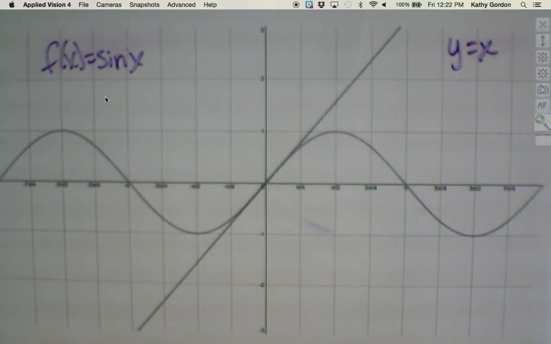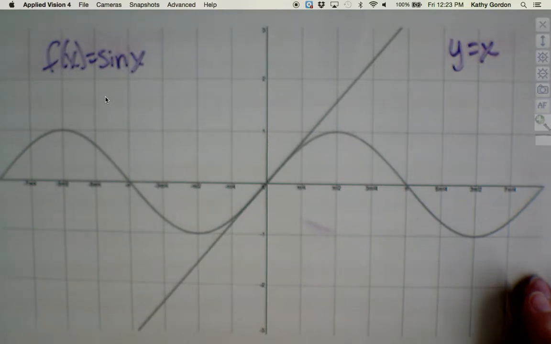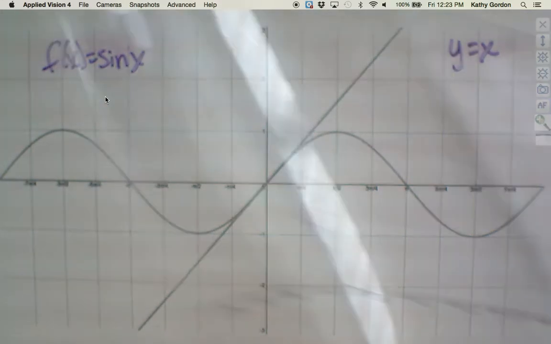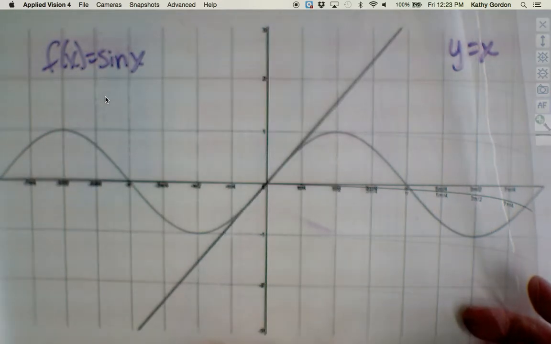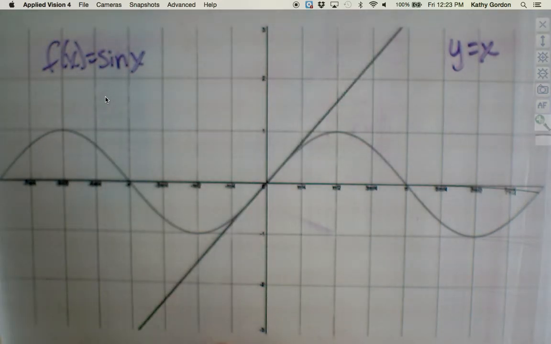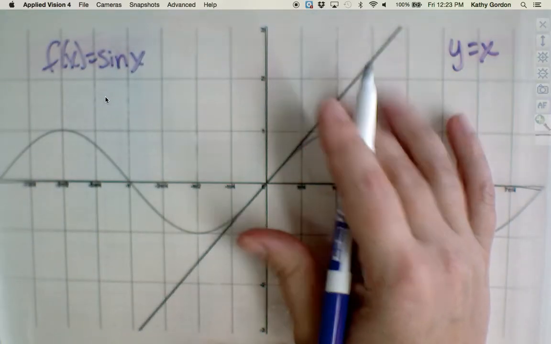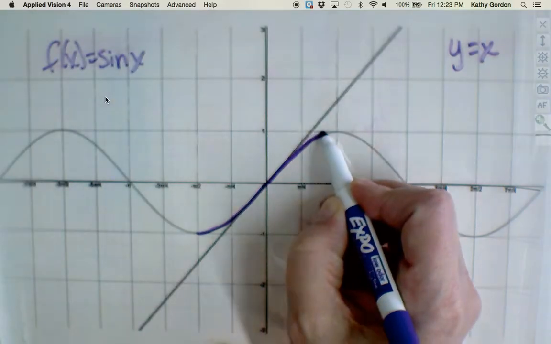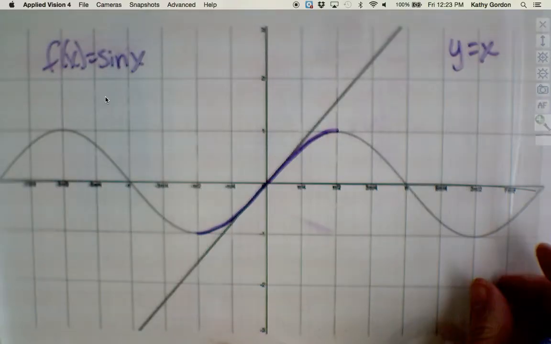Go from the minimum to the maximum. So give me x values. What's my domain going to be? Negative pi over 2 to pi over 2. Sorry, it's really blurry. Okay, so from negative pi over 2, which starts right there, to pi over 2, which ends right there.